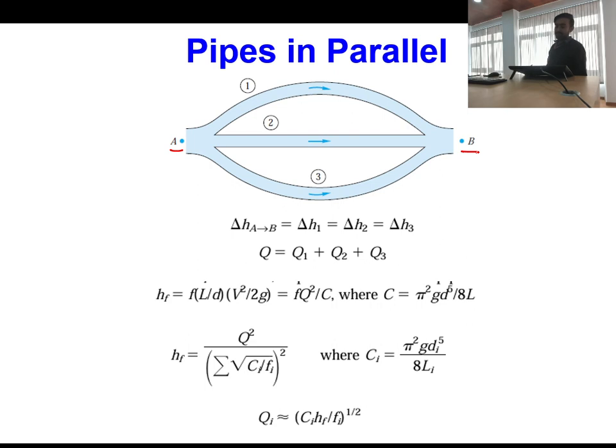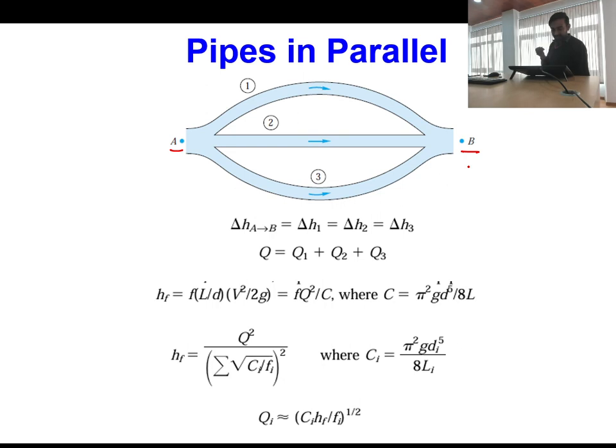Typically, if we have this type of arrangement and we have to analyze the flow situations, let's see what the fundamental rules are and how they will be applicable. At junction A and junction B, we will have the same pressure or same head.